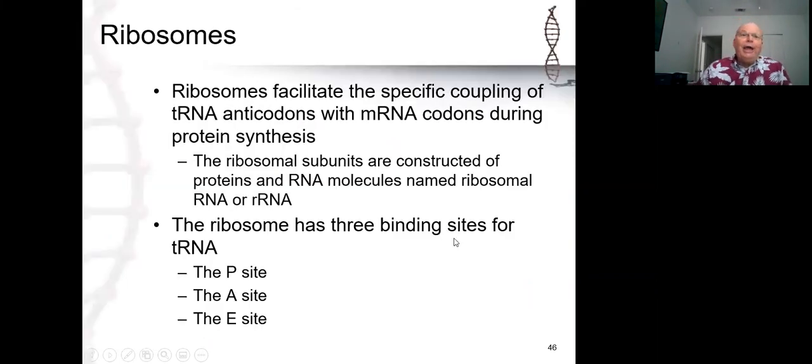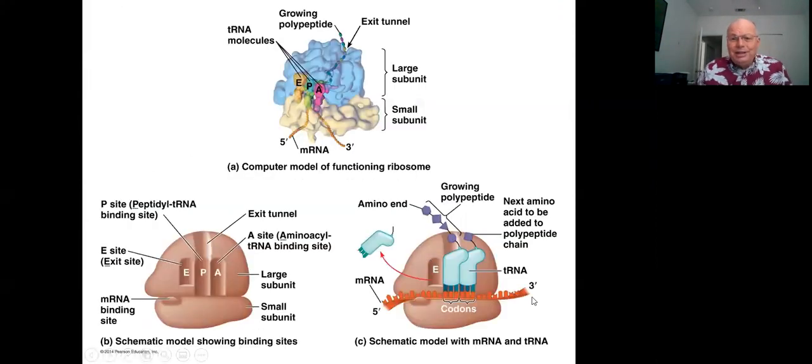The other major player is the ribosomes, the actual complex of proteins and 2 RNA molecules known as rRNA that do the assembly. So the proteins and the rRNAs are assembled into 2 complexes or subunits known as the large subunit and the small subunit. They work together to clamp the messenger RNA between the 2 subunits.